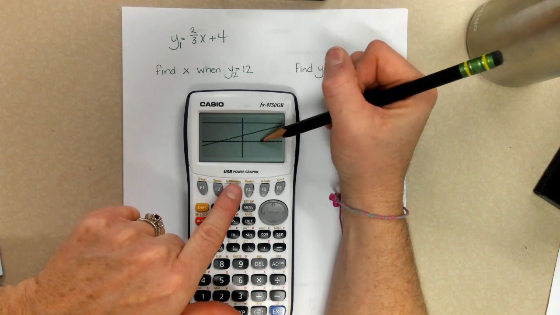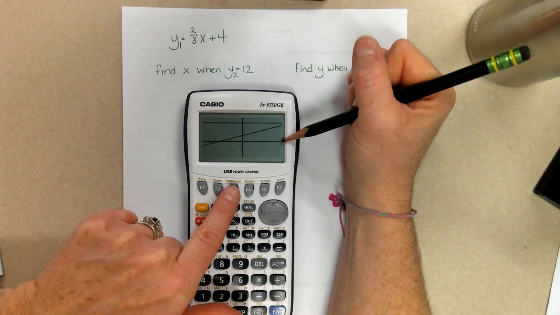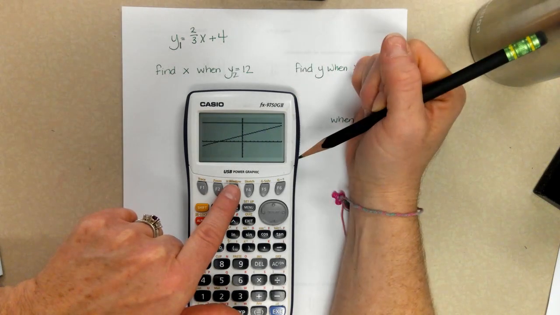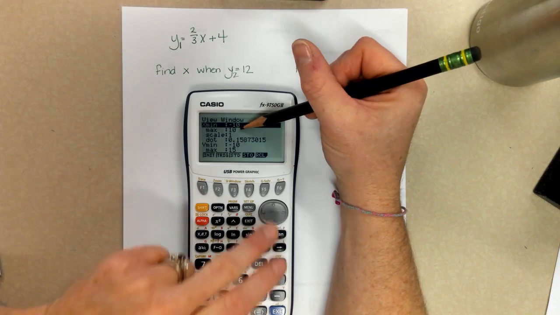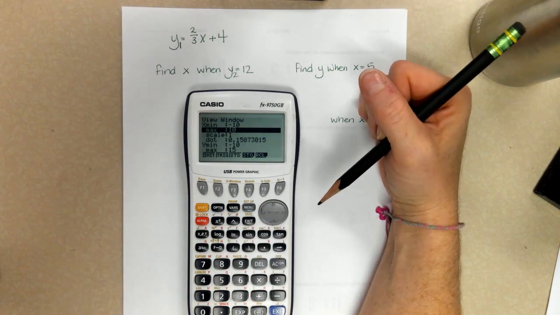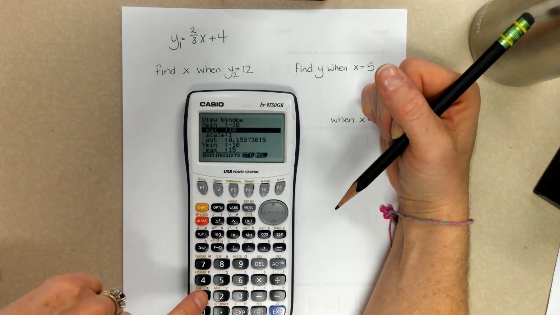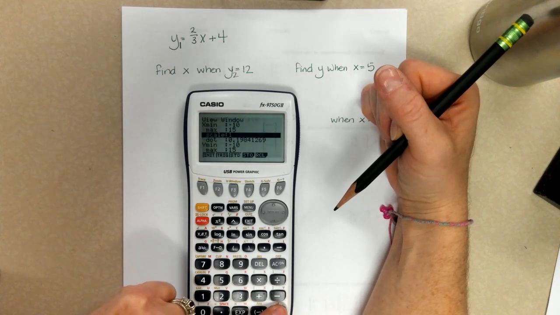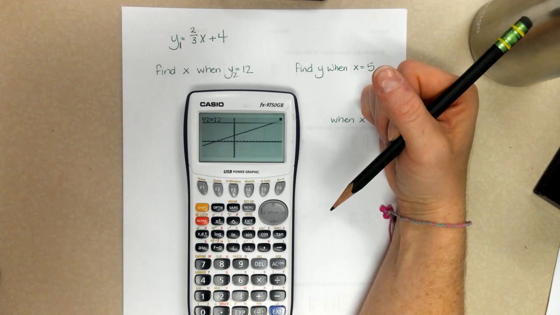This time, which way do we need to go? X's only go up to 10, and that's not far enough. So we're going to press the F3, and I'm going to change the maximum X to something bigger than 10. What if it were 15? So press EXE twice, press draw.